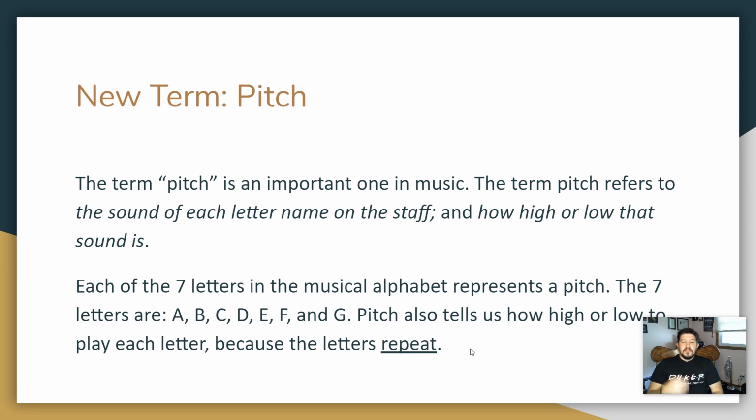So in music, yes, we only have 7 letters, but every single piece of music you've ever heard in your life is made up of different versions of those 7 letters. Sometimes we can have, for example, an F be a low note. Other times it can be a higher note, things like that. So something really important to remember is that the letters repeat. What you'll notice is on the staff, sometimes we're going to have more than one of the same letter represented at the same time.